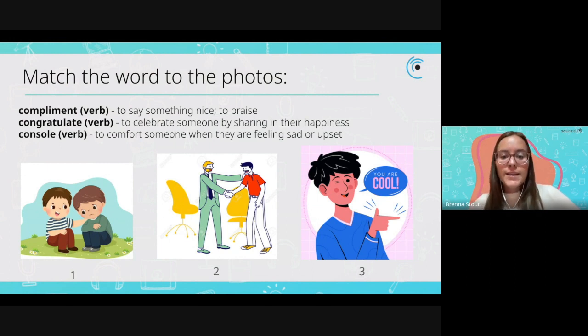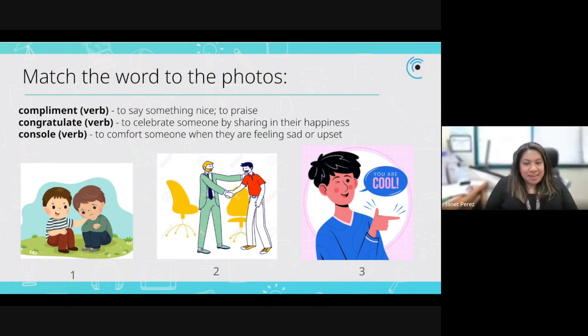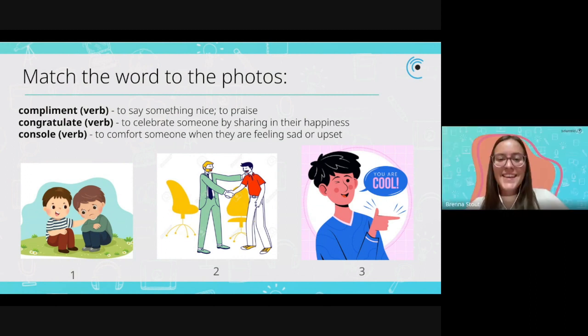So if I had to look at a picture, which one do you think shows the word compliment? I think picture number 3 shows the word compliment. Yes, you are correct. If I said, you are cool, I would say, thanks, Janet. That's a nice compliment.